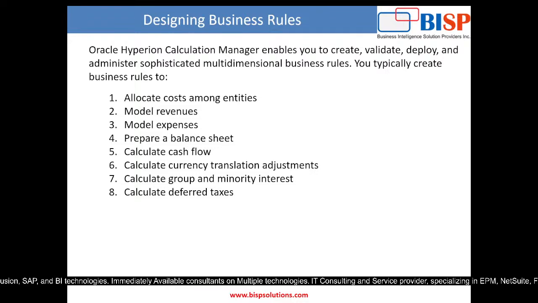You can typically create business rules to allocate cost among the entities, model revenues, model expenses, prepare a balance sheet, calculate a cash flow, calculate currency translation adjustments, calculate groups and minority interest, and calculate deferred taxes. Many other business rules can be created in the application as per the requirements and customization of the entity, of the clients.